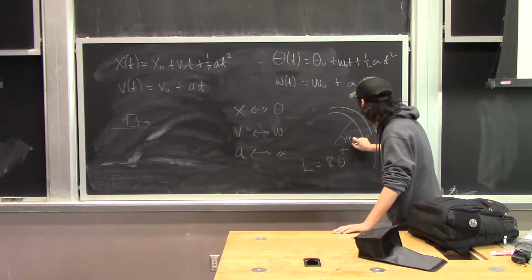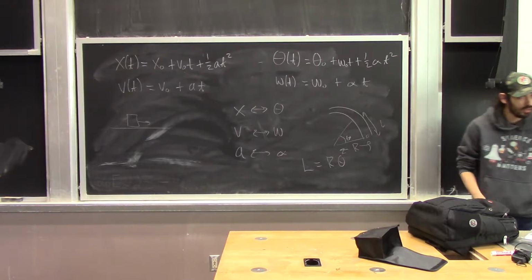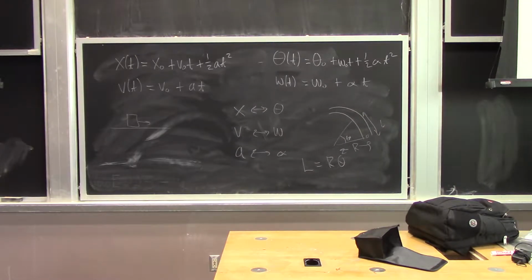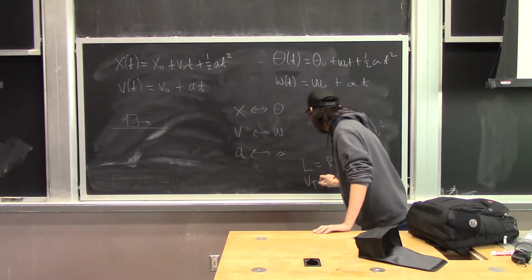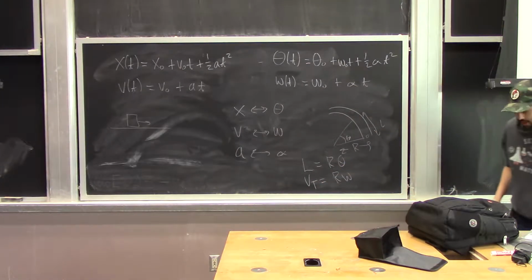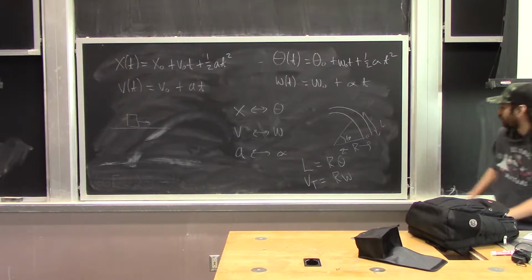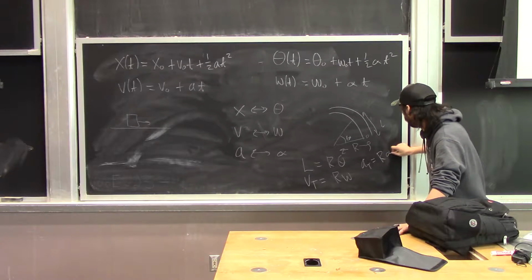So if this is the radius r, and we want to know how far along this arc we've gone, then this length is equal to r times theta. The tangential velocity, v sub t, is equal to r times the angular velocity omega. And the tangential acceleration, a sub t, is equal to r times alpha.